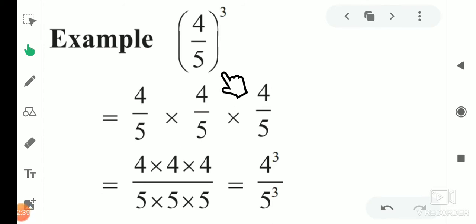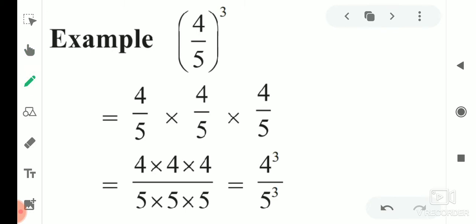Now let's see one more example, the quotient of two numbers. Here 4 and 5 are the two numbers and their index is 3. So we will see what the answer of such questions is. 4 by 5 raised to power 3 can be written as 4 by 5 into 4 by 5 into 4 by 5, 3 times. Multiplication will give 4 into 4 into 4 divided by 5 into 5 into 5. 4 into 4 into 4 is nothing but 4 cube divided by 5 cube.